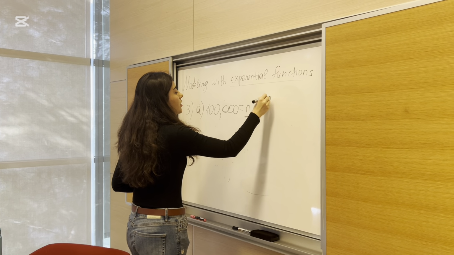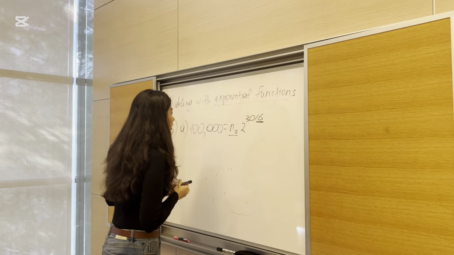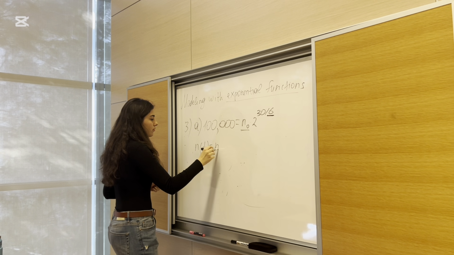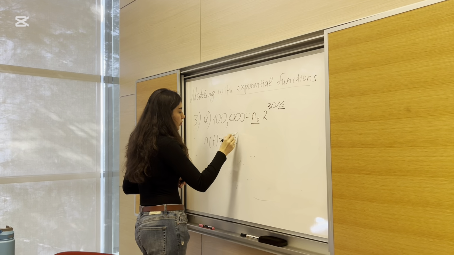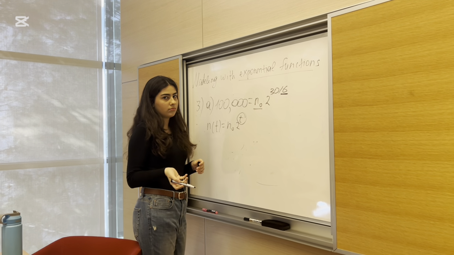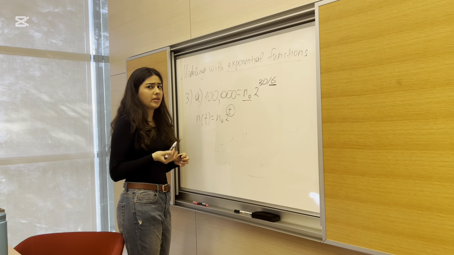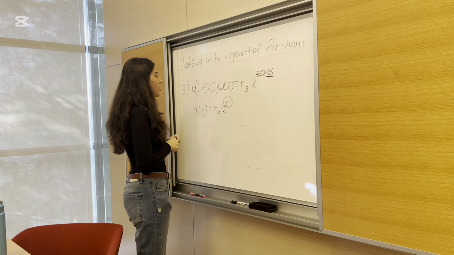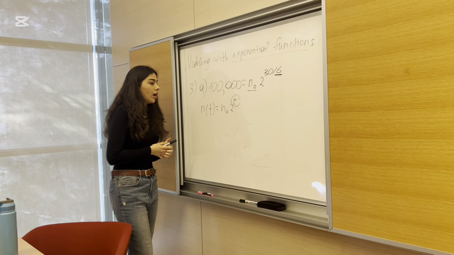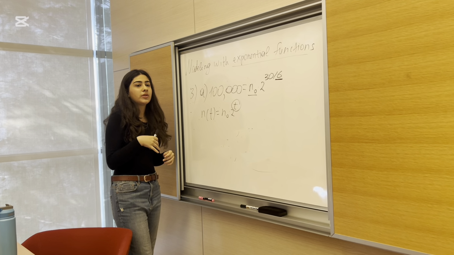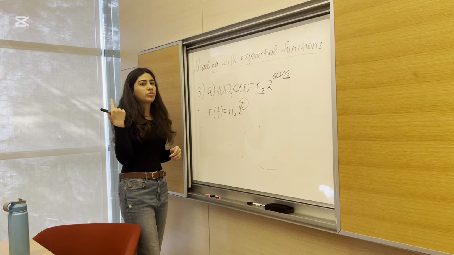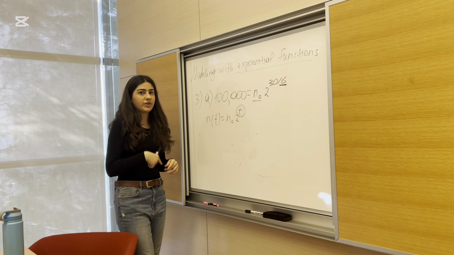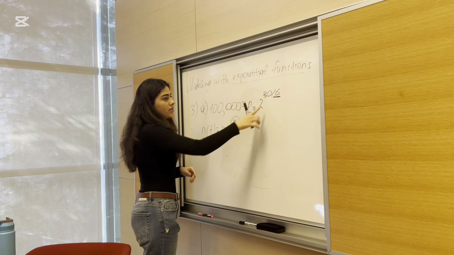By the way, when it doubles every hour, the exponent is just t. Every hour, every second, every minute, depending on how it's measured. However, what if it doubles every 3 hours, or every 6 hours?